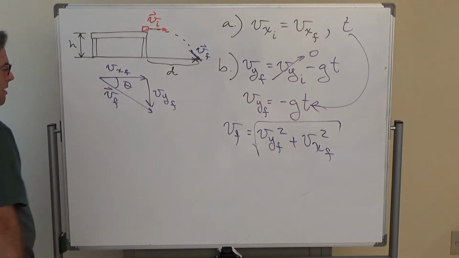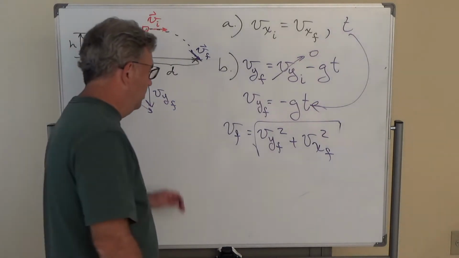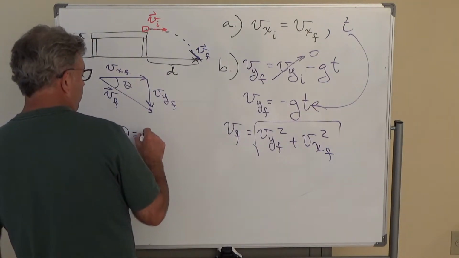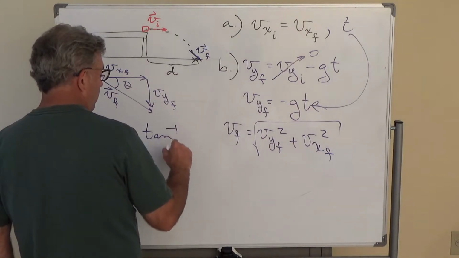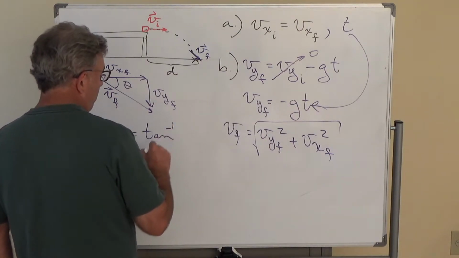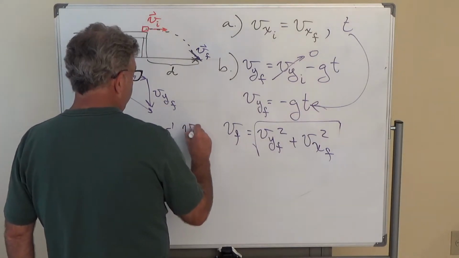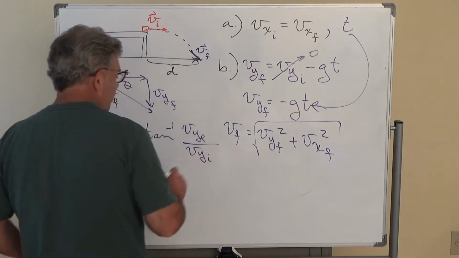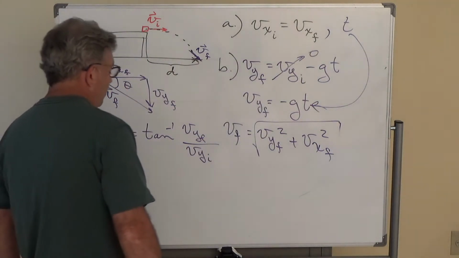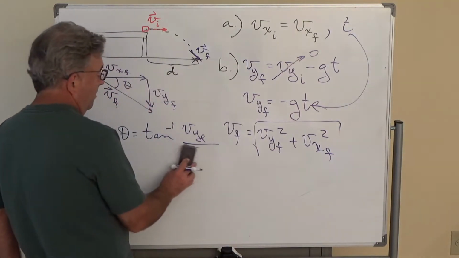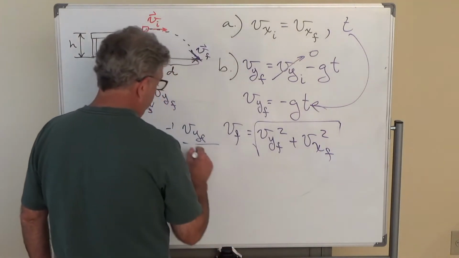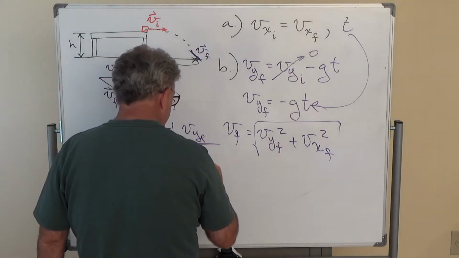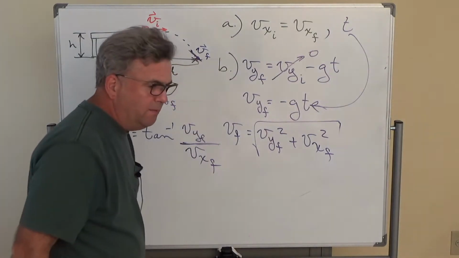So finding this angle theta, that's going to be equal to the inverse tangent, or arctangent, of Vy final divided by Vx final.